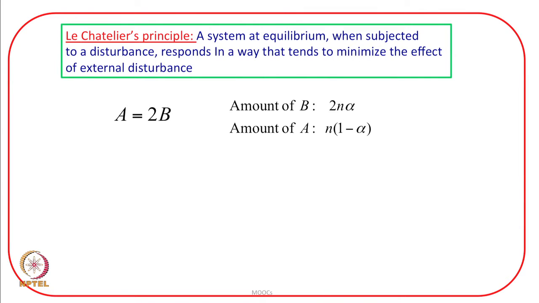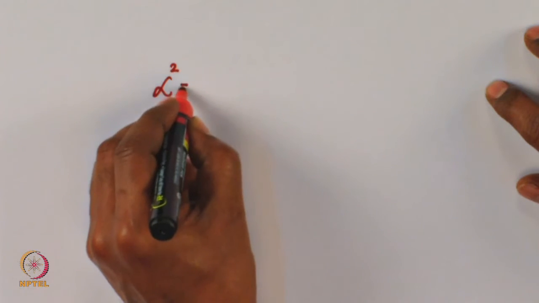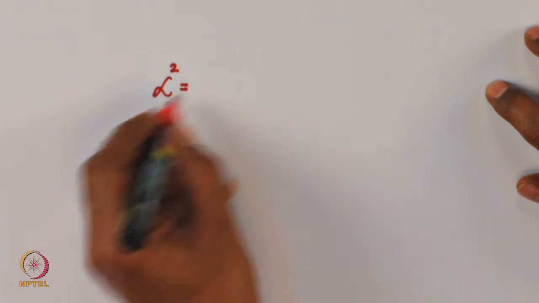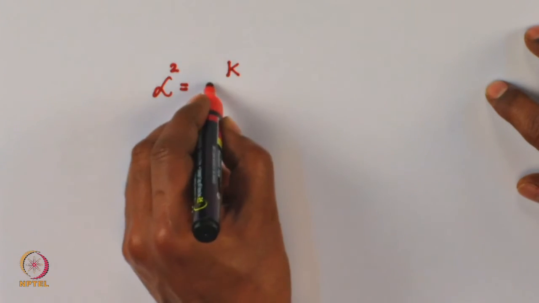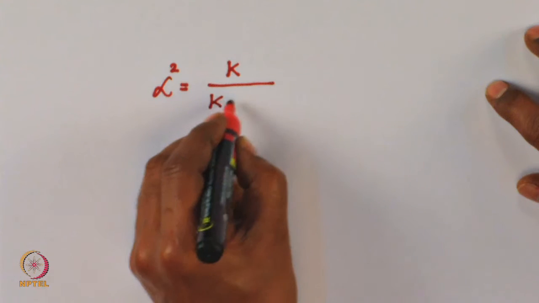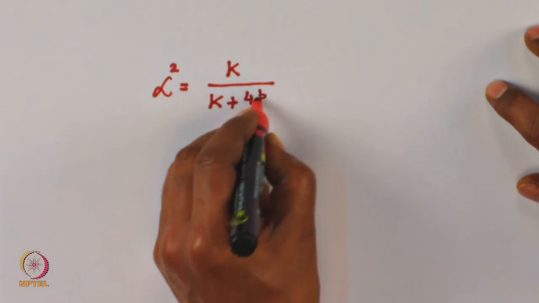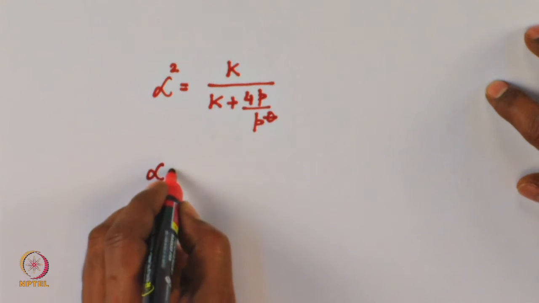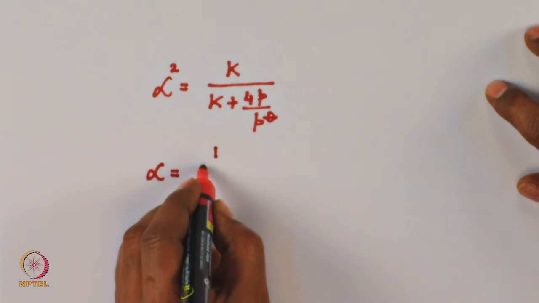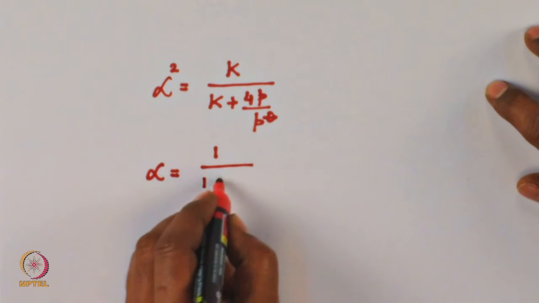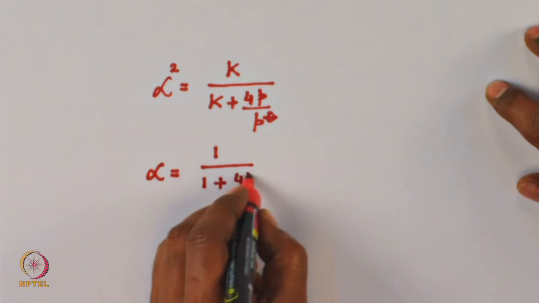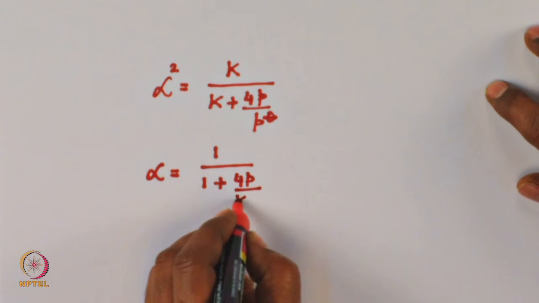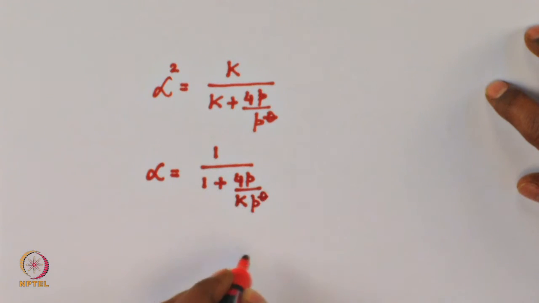So, let me rewrite now. What I have is alpha square is equal to K over K plus 4 P by P naught, and if I rearrange, alpha is equal to 1 over square root of 1 plus 4 P over K into P naught.